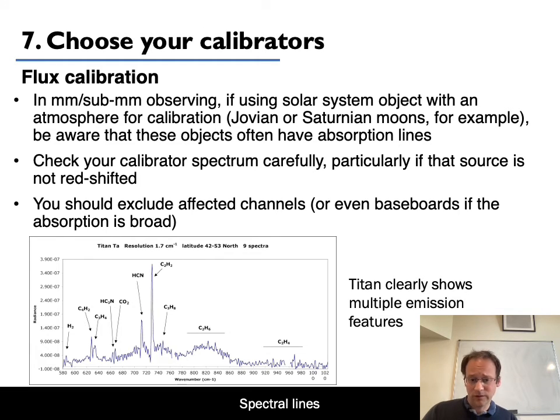One thing to be careful about when doing high spectral resolution observing and choosing a flux calibration source is that your flux calibrator could have a lot of spectral structure in its spectrum. Be careful when you do the flux calibration that you mask out those channels when calculating, in data reduction, what the correction factor should be to transfer your gains to the right flux density scale. So that's just a consideration for spectral line work when you're doing flux calibration.